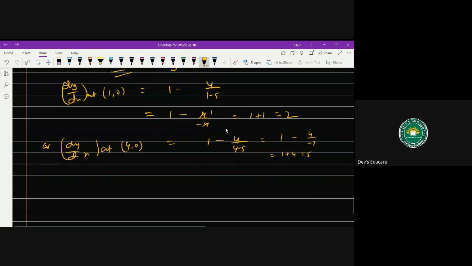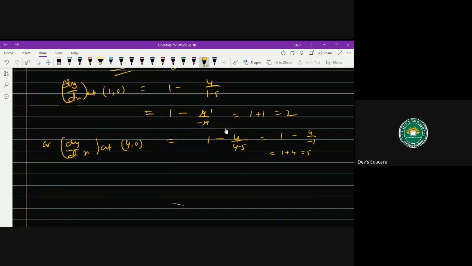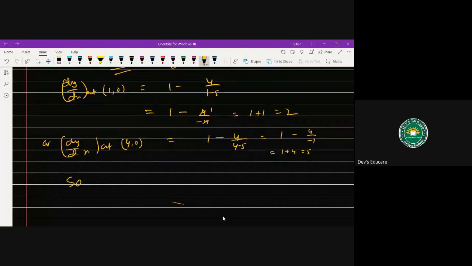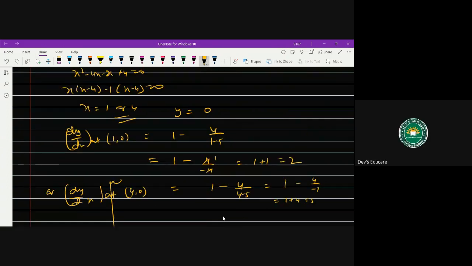So gradient is either 2 or 5. Check your answer. Correct.